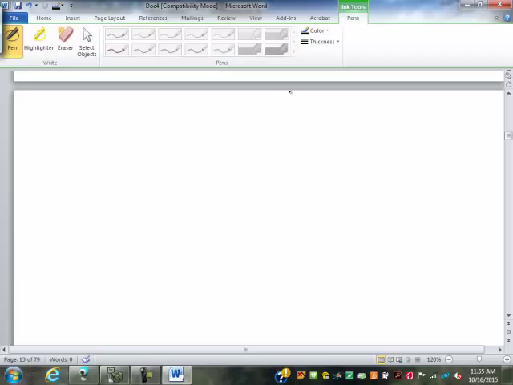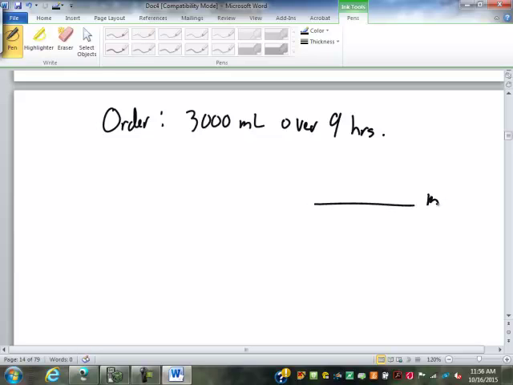So another one for you to try. The order is for 3,000 milliliters over 9 hours. Find that in milliliters per minute. So 3,000 milliliters over 9 hours.